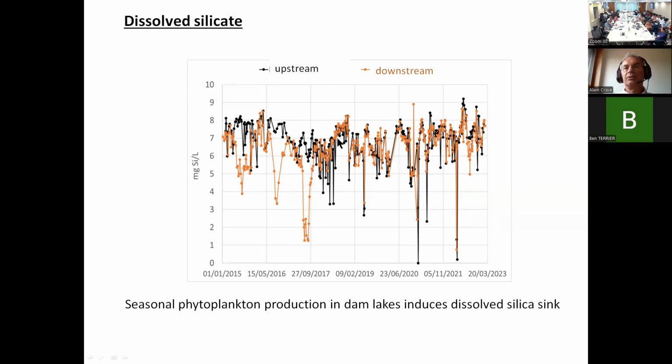And as soon as you destroy the conditions of the planktonic bloom, meaning warm temperature, still water, and a gradient of nutrient concentration that were in the lake, you lose the engine of the planktonic bloom.